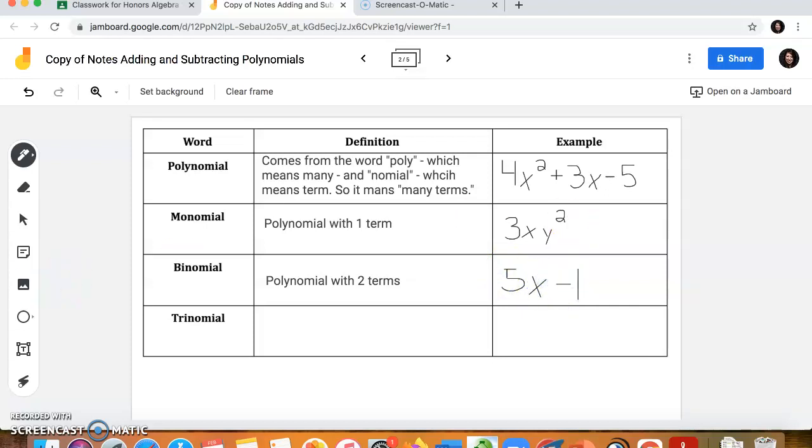And then a trinomial is a polynomial with three terms, so it could be like 3x minus 5y plus 3. That could be a trinomial because it has three terms. If you need more time on this, please pause the video because I am going to go to the next slide.